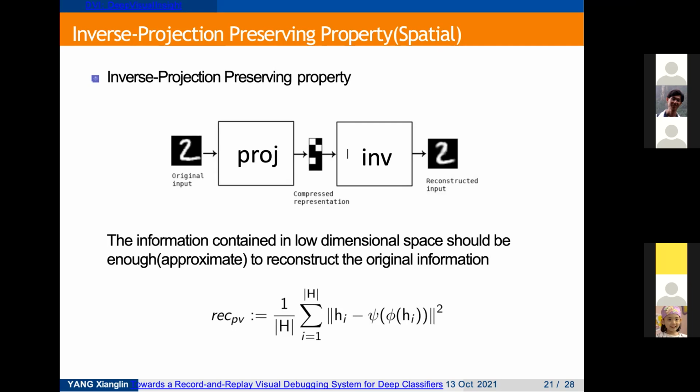Here we can apply the MSE, the mean square error function, to define the inverse projection preserving value. We calculate the distance between the original input and the reconstructed input and average out the value over samples, which serves as the inverse projection preserving property.